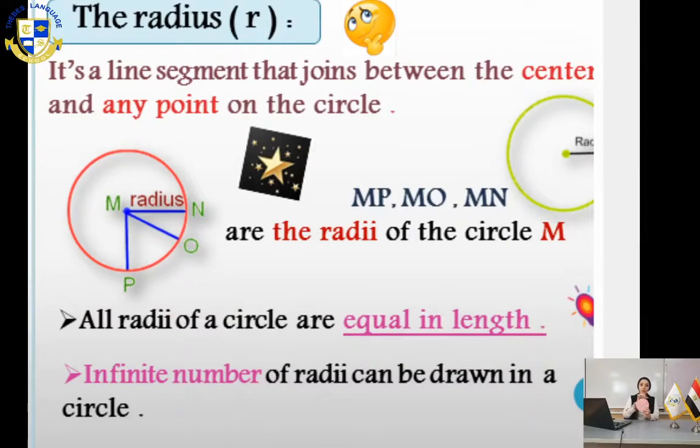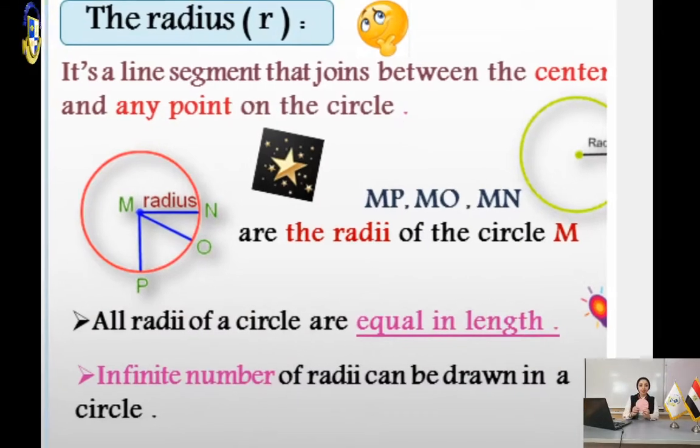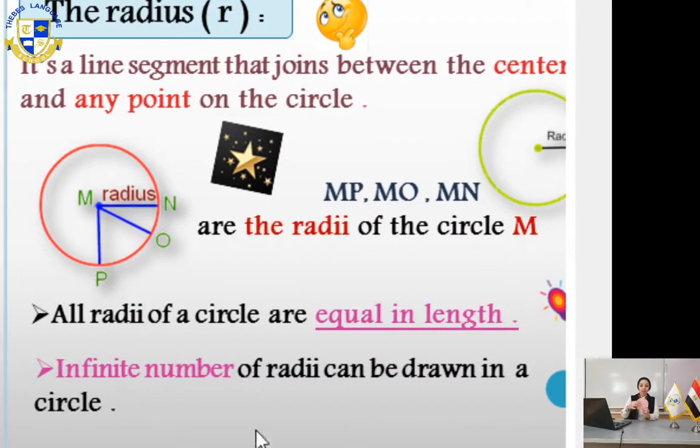And all of them have the equal distance. If AC is 2 centimeters, AD and AB will also be 2 centimeters. If this one is 3 centimeters, it will be 3 centimeters and it will be 3 centimeters. All of them are equal in length.